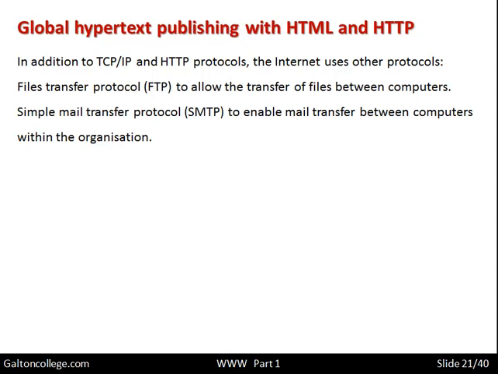For example, Simple Mail Transfer Protocol, SMTP, to enable emails, for example, to transfer between computers within an organization. So this particular protocol identifies emails and allows emails to flow smoothly within organizations, or indeed over the web, but generally speaking within organizations.